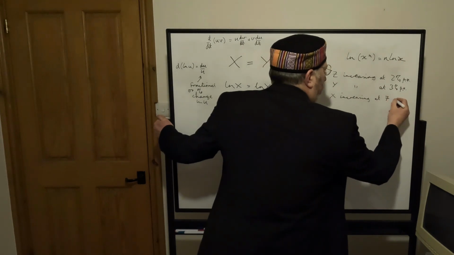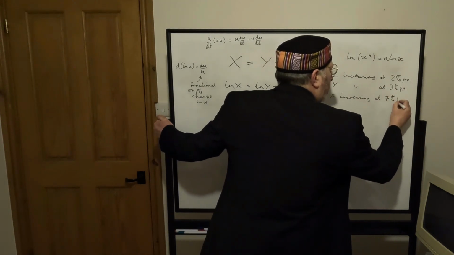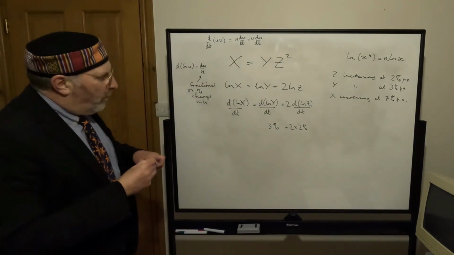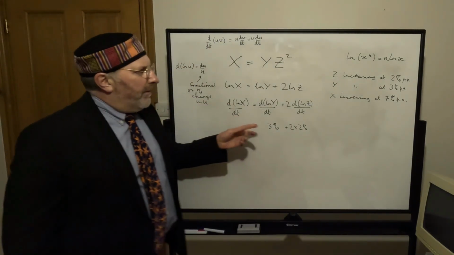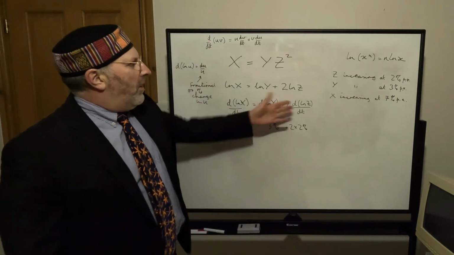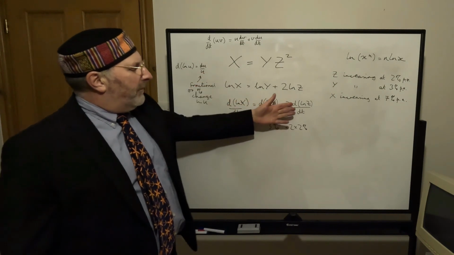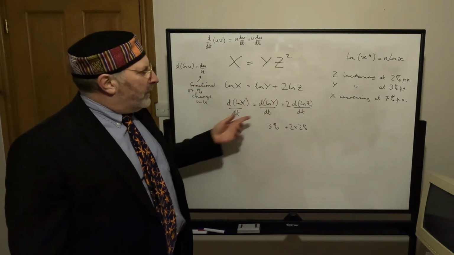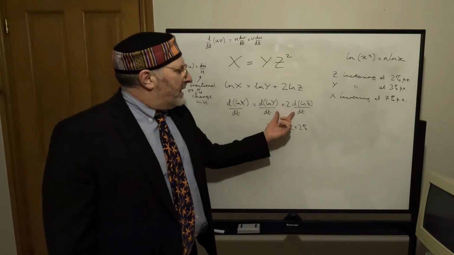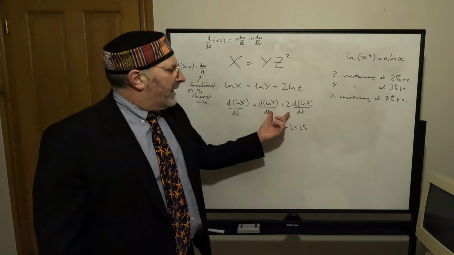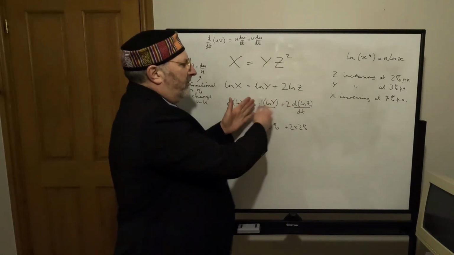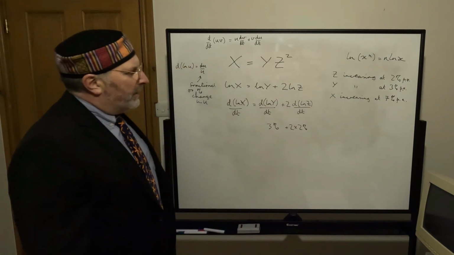So x will be increasing at 7% per annum. So working with these logarithms and thinking in terms of relative changes, this equation becomes a lot simpler to see what's going on. We see that the percentage change in x is a simple sum of the percentage changes in y and z, and we don't have a formula that mixes up y's and z's.